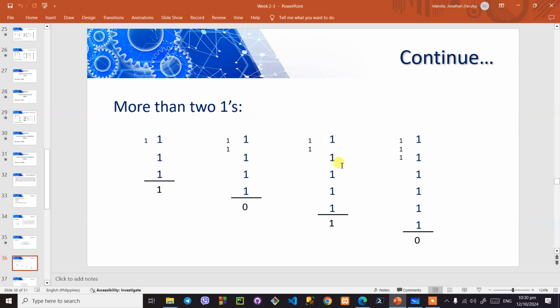So meaning, you just count per how many multiples of 1s. Then you will know how many you carry and how many you bring down, either 1 or 0. Likewise, if we have 3 pairs of 1, pair number 1, pair number 2, and pair number 3, with no extra, you bring down 0 and you carry the 3 ones.